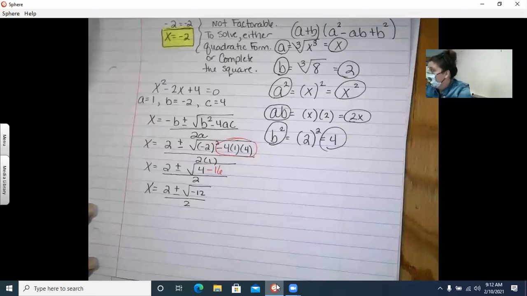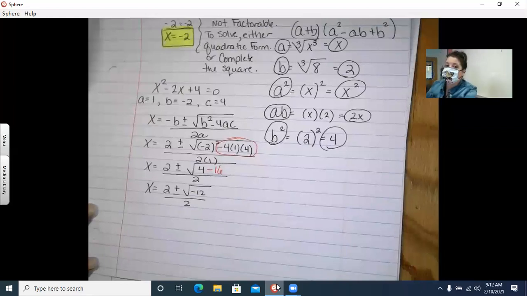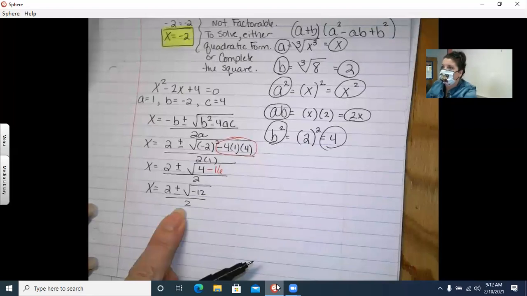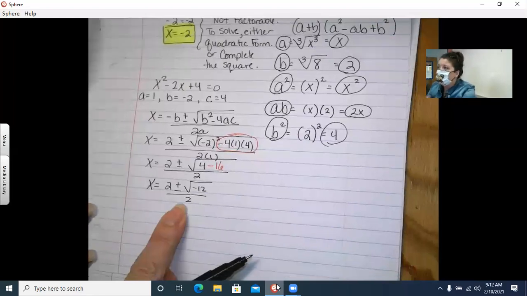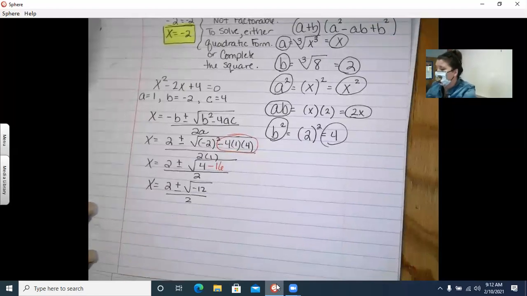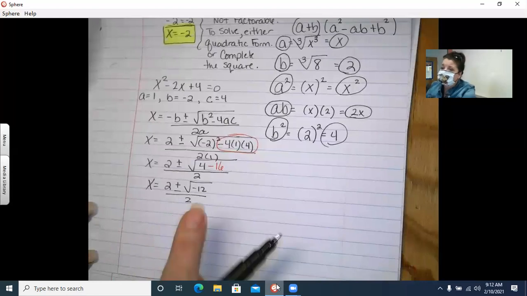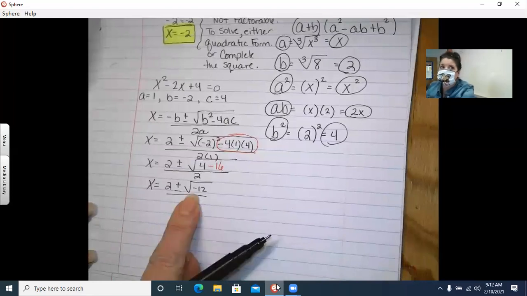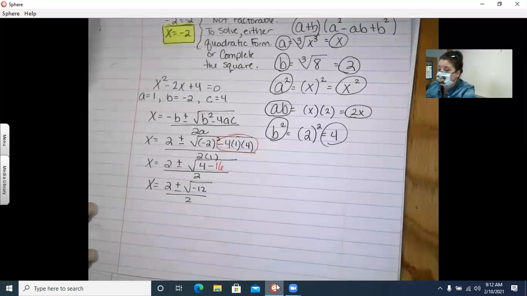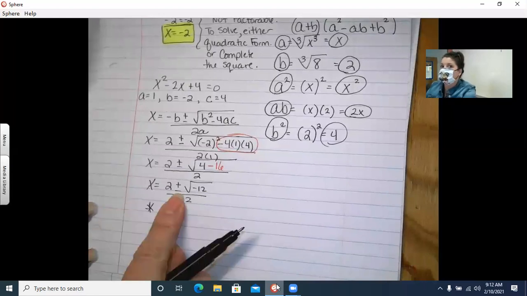So when I taught you how to do the quadratic formula and we had the test over it, you had to continue simplifying from here, okay? However, when we're just graphing, once I know that it's going to be imaginary, then there's no point in continuing to simplify, okay? So, and this is going to be 2 solutions. It's going to be 2 imaginary solutions.